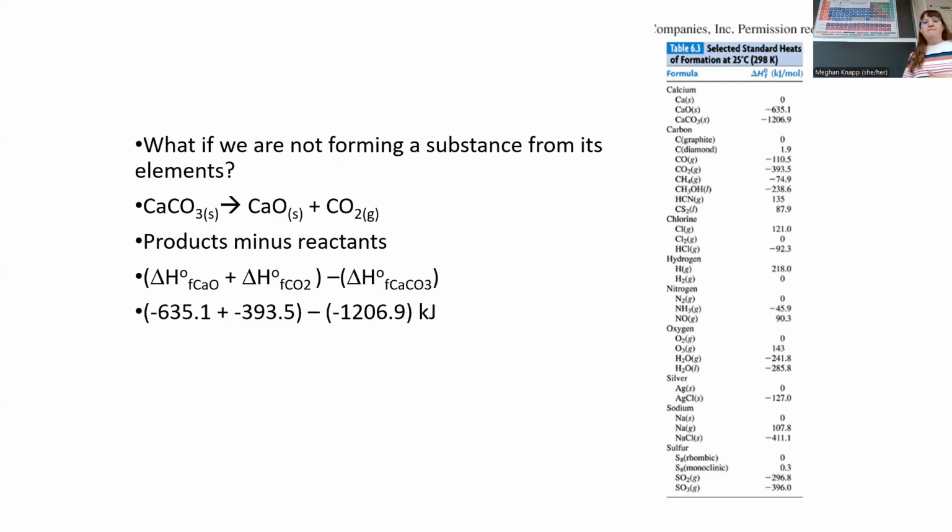All right, so if I find each of those numbers on the table, I have negative 635.1 and I have negative 393.5. Now, this is where things can get a little bit sticky because we've got these negative numbers and we are subtracting. So I have parentheses around all of the products and parentheses around the reactants to help us keep track of these things. Sorry, I forgot to advance that.